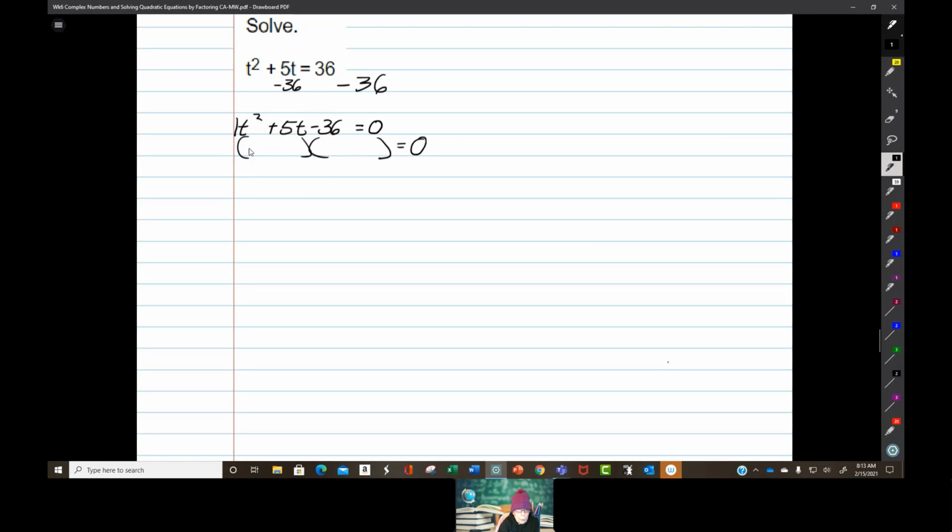I split my t squared apart. Okay, now I have to factor negative 36 into two numbers that add up to positive 5.